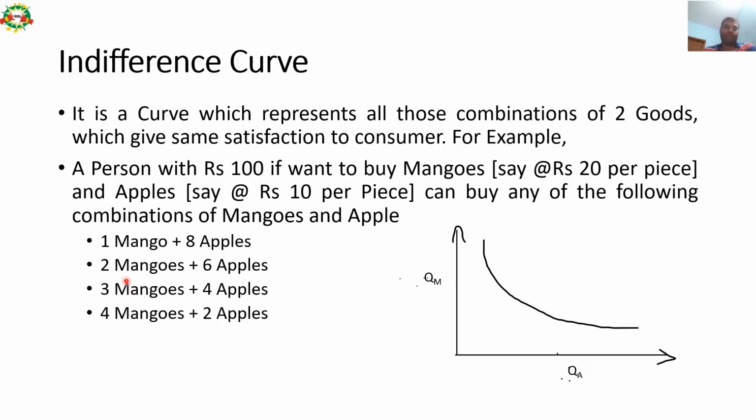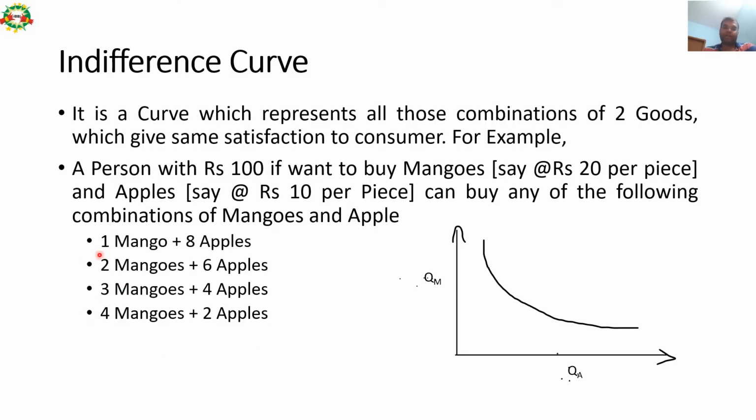So the second possible combination is 2 mangoes and 6 apples. Likewise, if he purchases 3 mangoes, at 20 rupees per mango he will spend 60 rupees, and with the remaining 40 rupees he can purchase 4 apples at 10 rupees per apple. And the fourth possible combination is 4 mangoes plus 2 apples, put together 100 rupees. So these are the 4 possible combinations.